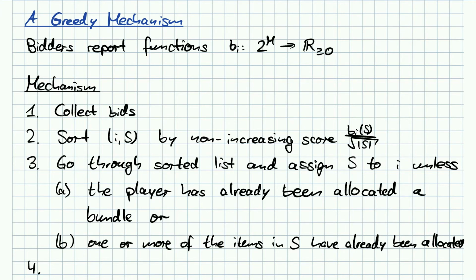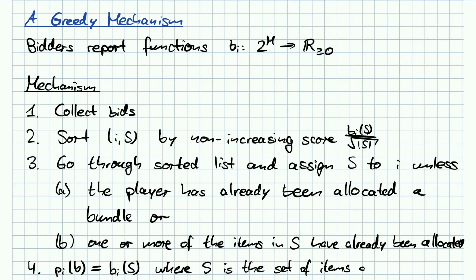And finally, we let p_i be the bid that bidder i had on the set S, where S is the set of items allocated to bidder i.